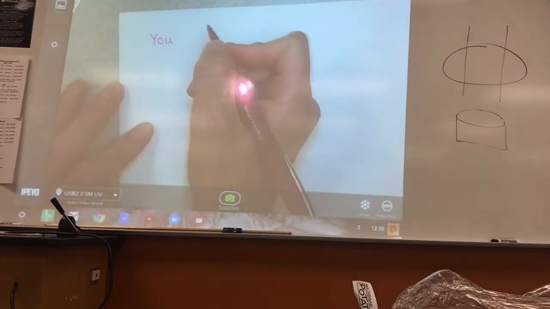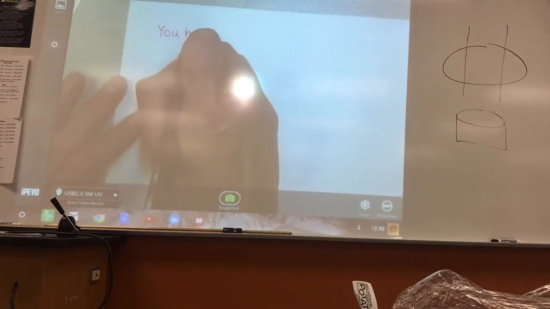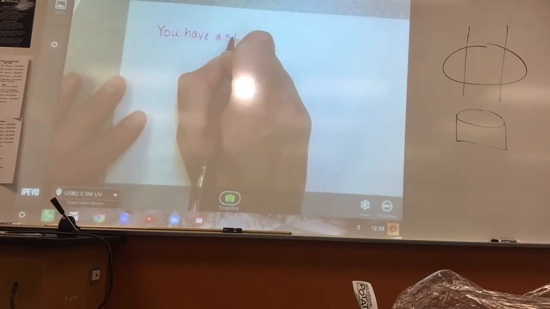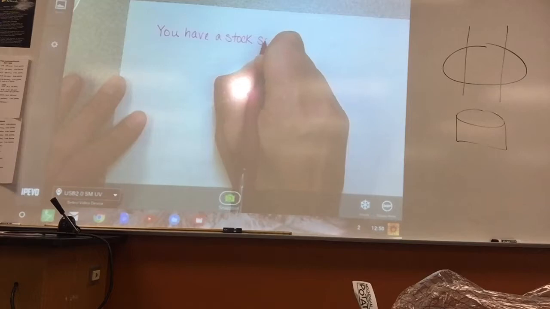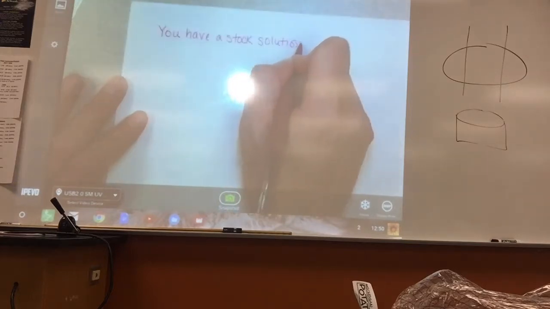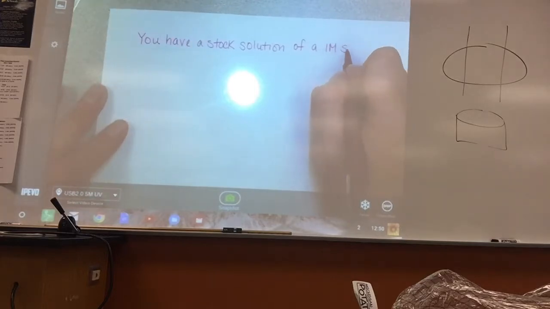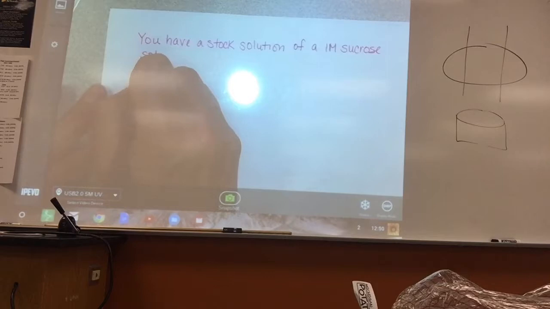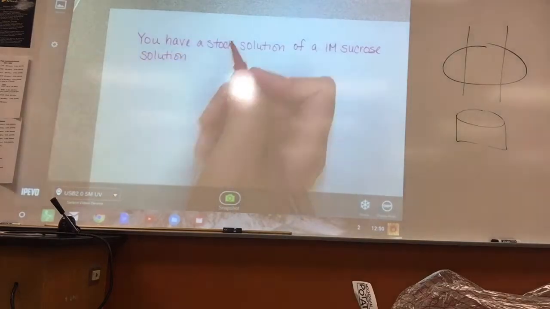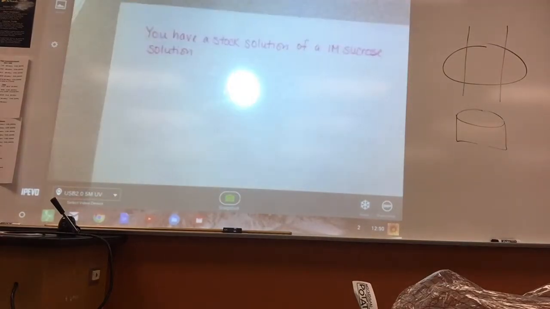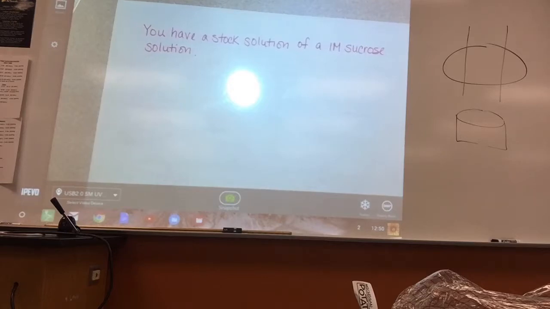So let's say, I'm going to say it out loud as I write it. You have a stock solution of a 1 molar sucrose solution. So you've got a whole bunch of this 1 molar sucrose solution.